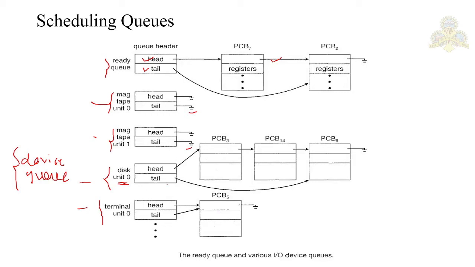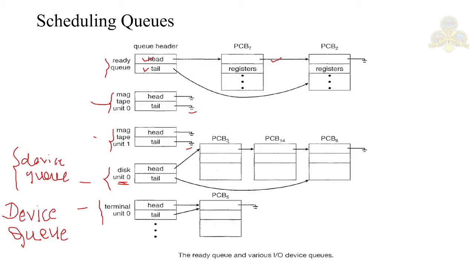In the disk device queue, right now say PCB3 is executing, or the disk is serving process 3, and at the same time process 6 needs the same disk for some IO request. At that time this PCB6, the PCB of process 6, will be attached at the end of this list, at the end of the disk queue or device queue.